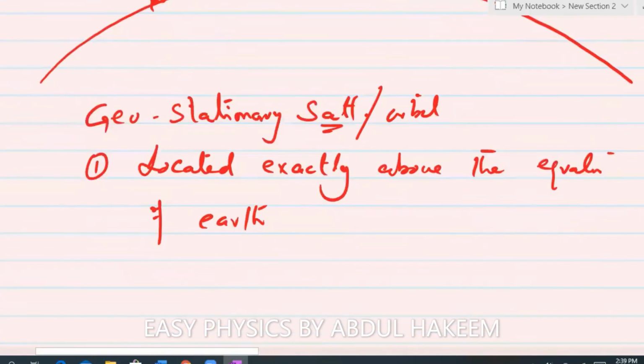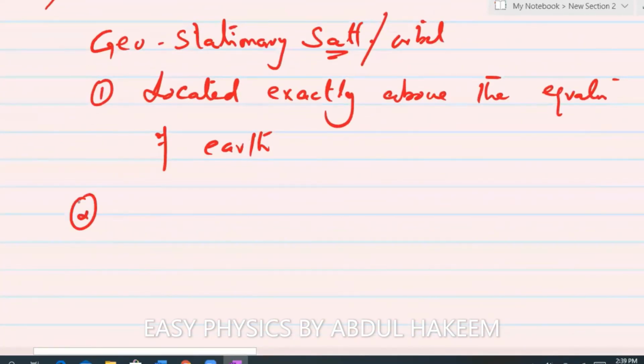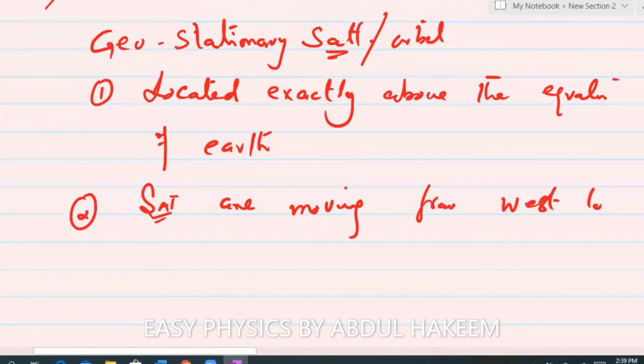Number 2, satellites are moving from west to east as Earth does.